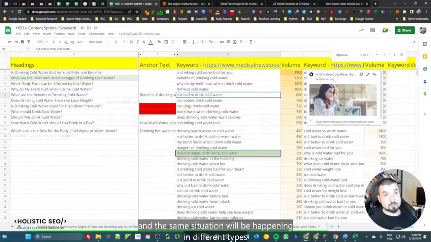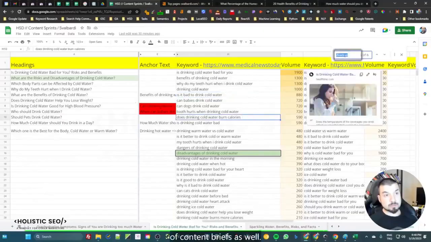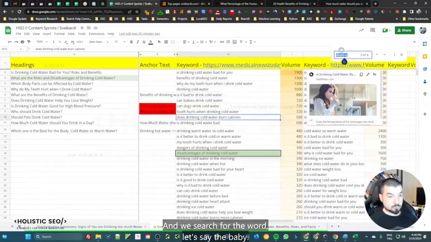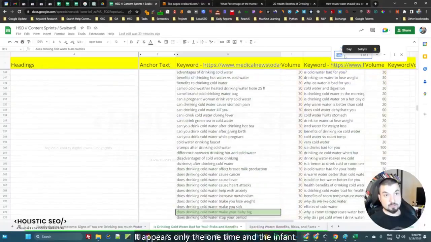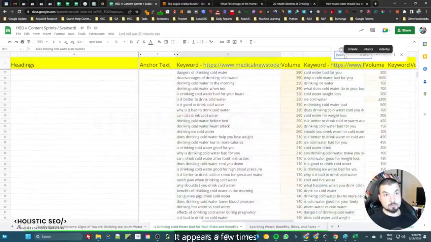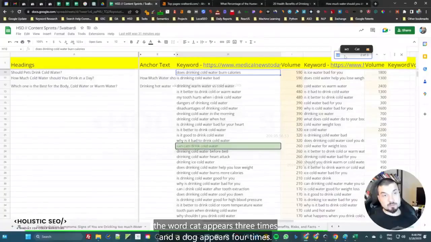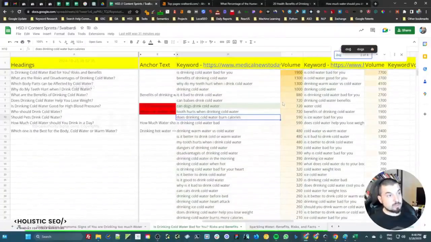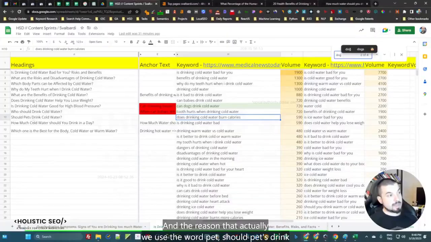And the same situation will be happening in different types of content briefs as well. When we search for the word baby, it appears only one time, and infant appears a few times. The word cat appears 3 times and dog appears 4 times. And the reason that we use the word pet, should pets drink cold water, is coming from here.